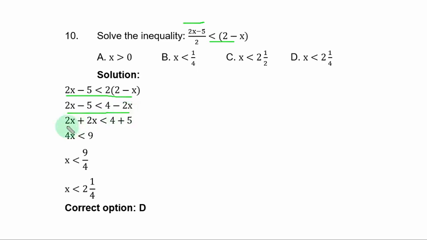Collect like terms, you have this result. If you add, you have 4S less than 9. Divide both sides by 4. S is less than 9 over 2. If you express as mixed fraction, S is less than 2 whole number, 1 over 4. D is the correct option.